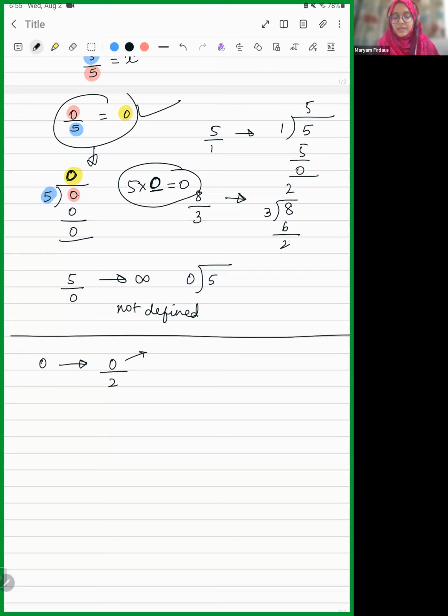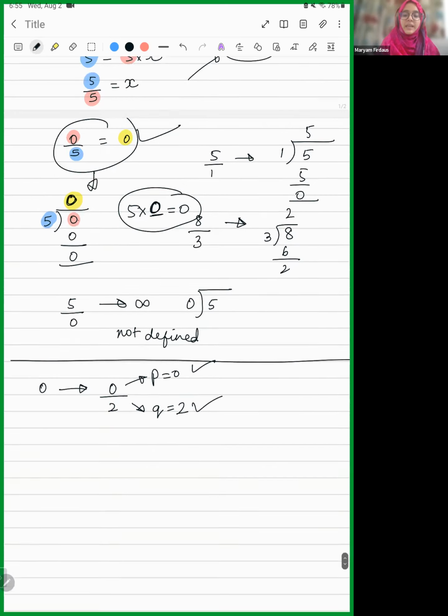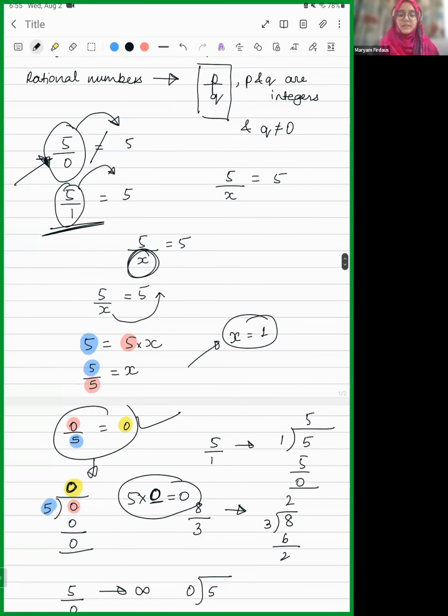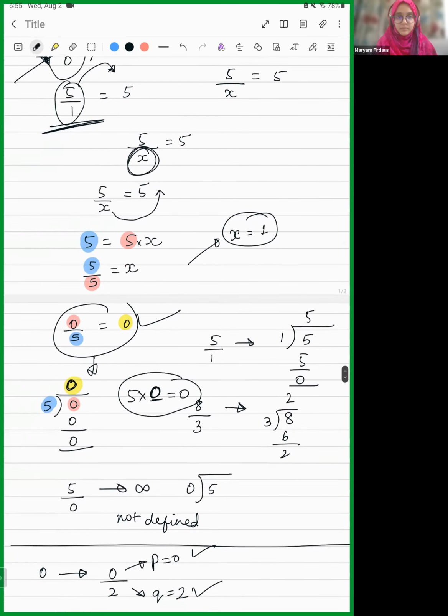Here, P is 0 and Q is 2. So it is not defying any of the conditions in the definition of a rational number. Rational numbers are those which can be written in the form of P by Q, where P and Q are integers, but Q should be a non-zero integer. That's all. Understood?